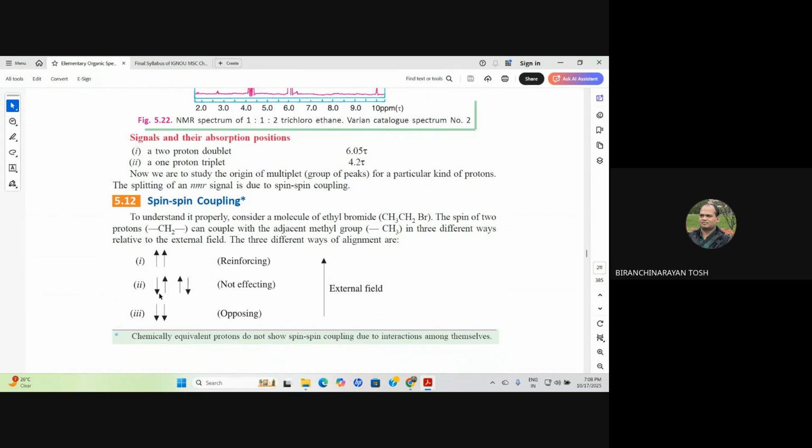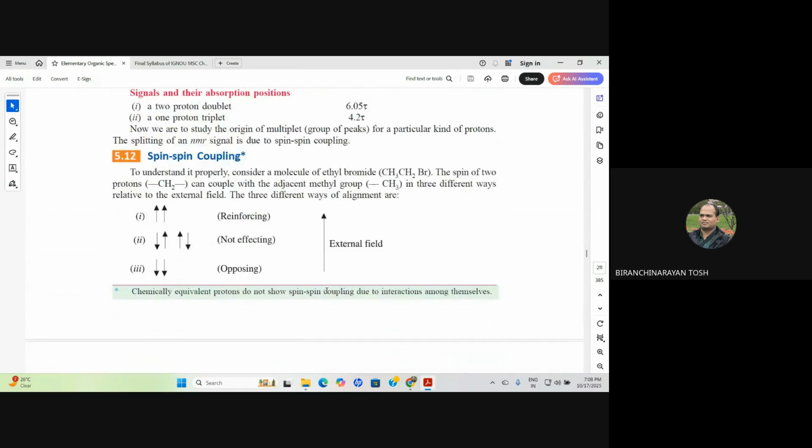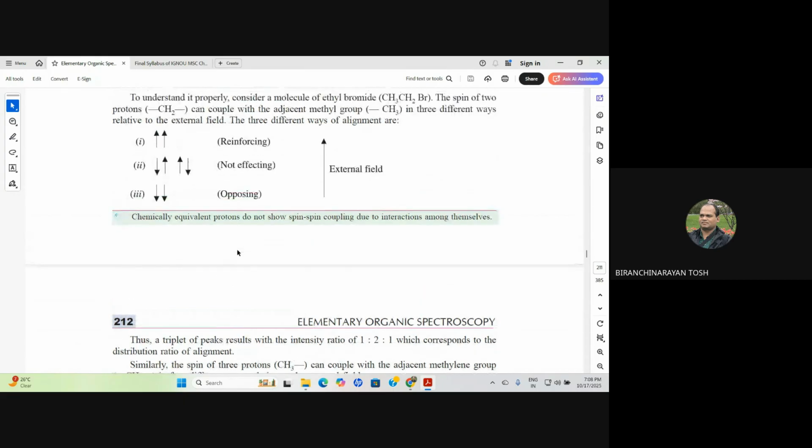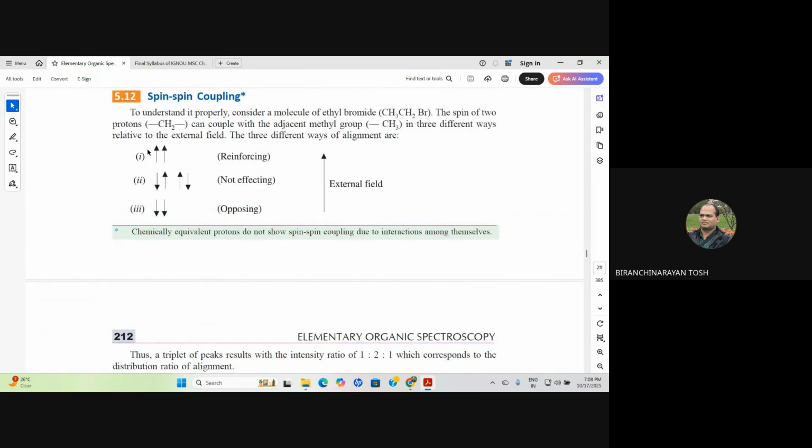So there are two protons, and in three different ways they will interact. Thus a triplet of peaks results with intensity 1 to 2 to 1. If it is a triplet, it is in 1 to 2 to 1 ratio.